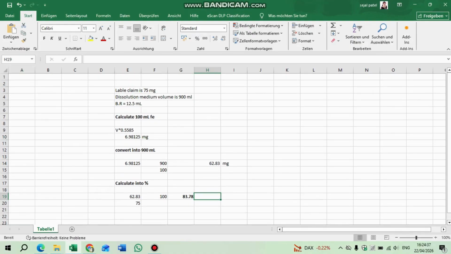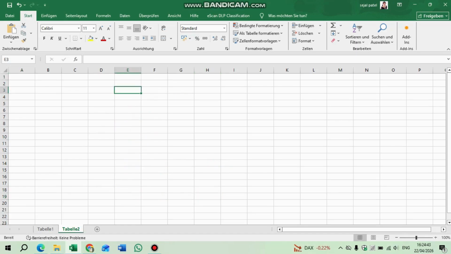Or if you want to calculate directly using the general formula, we have that also. So for the general formula: volume into factor into 900 upon 100. So volume we have 12.5, 0.5585, 900, 100.